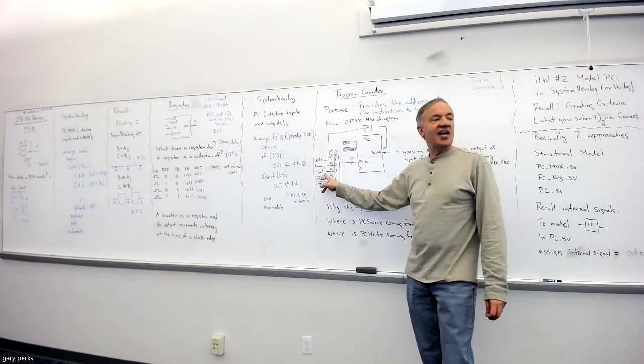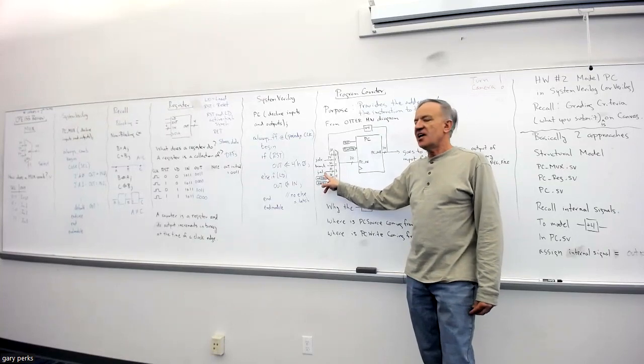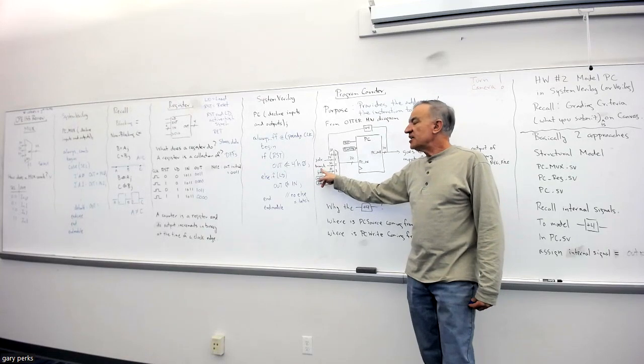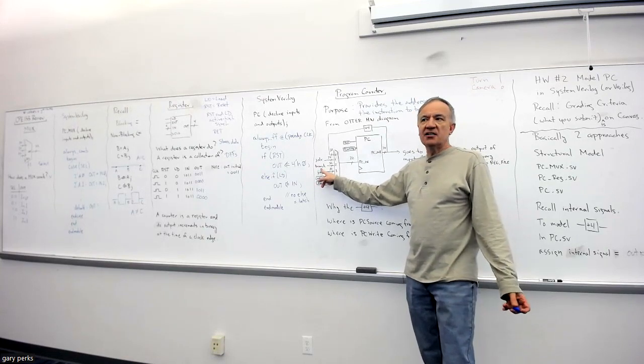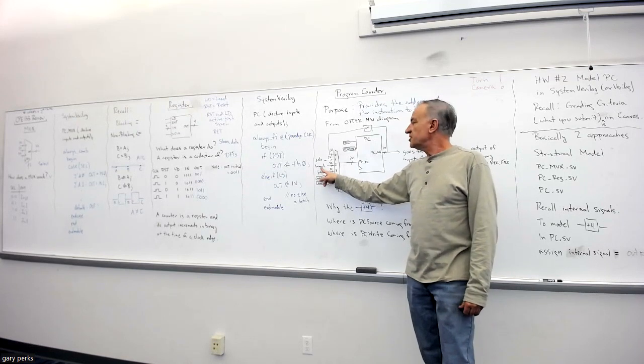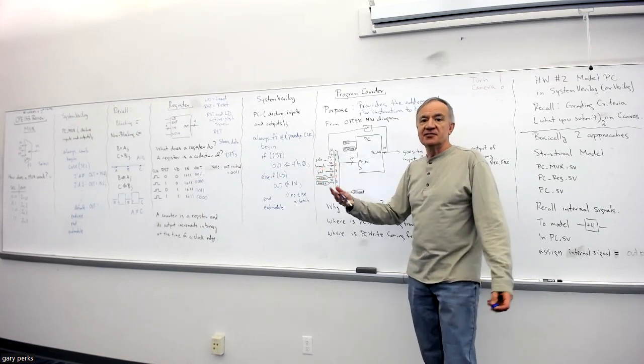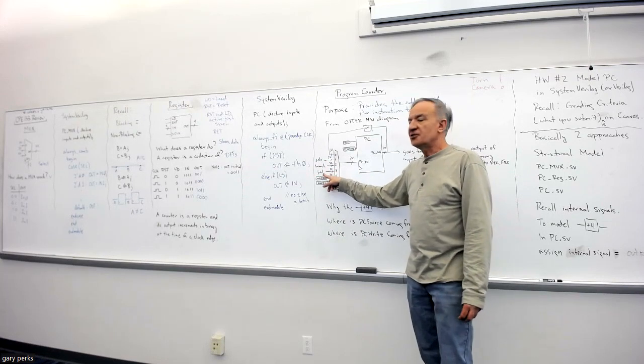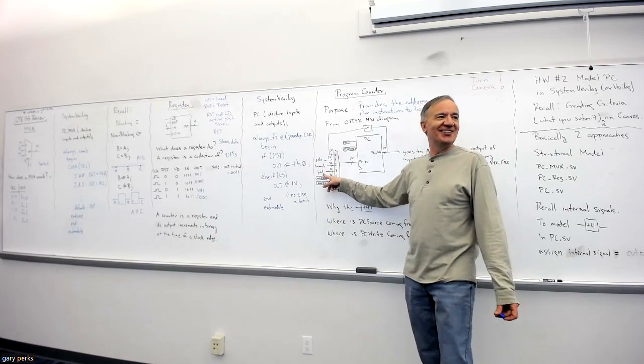You actually saw JAL last assignment, right? What kind of instruction is JAL? A jump instruction. Branches, we're going to talk about next class, on Thursday. Branches are conditional jumps. You can say jumps are unconditional branches.